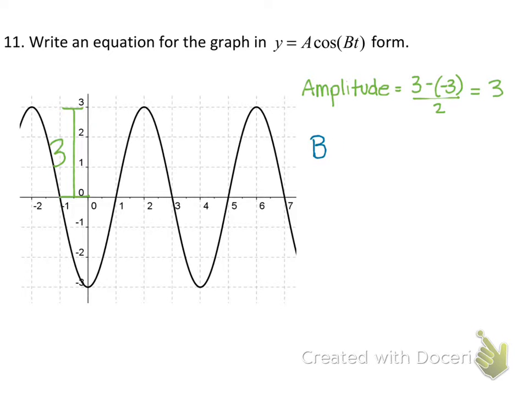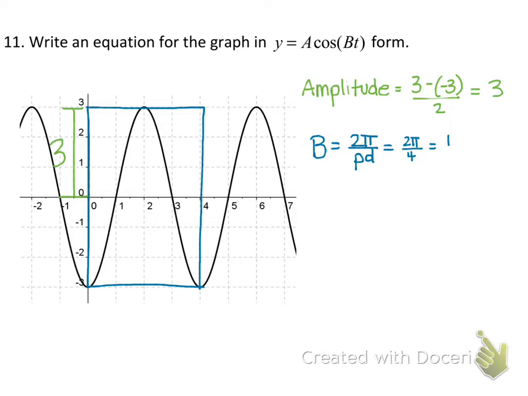So I get b equals 2 pi over my period, which is at 4. I know the 4 looks a little to the right of the graph, but that is 4. So we have 2 pi divided by 4, which equals pi over 2.